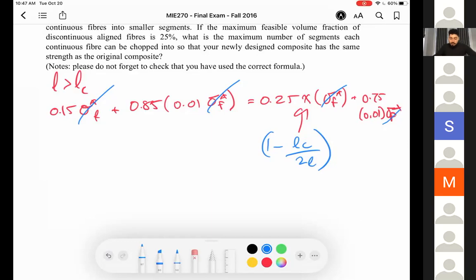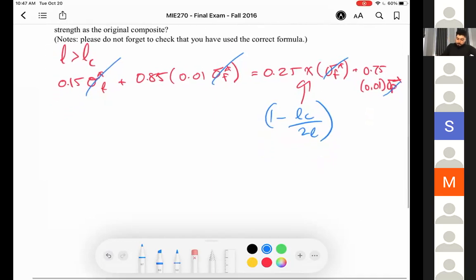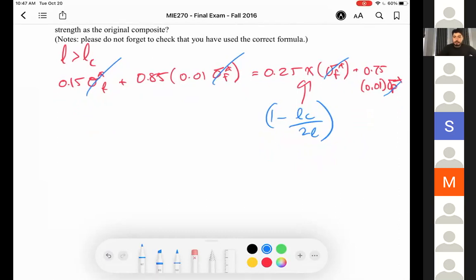So what's the general equation? Somebody want to read it out to me? No? You want me to read it out? I think I have it here on the formula sheet.